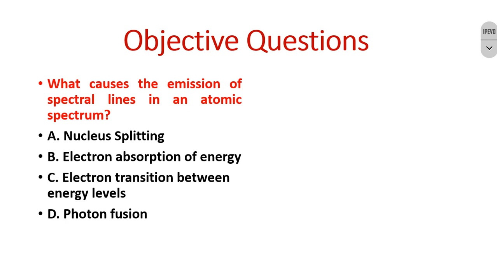D. Photon fusion. The correct option to that question is C, electron transition between energy levels. When an electron moves from one energy level to another, you simply see that emission takes place. So the correct option is C.